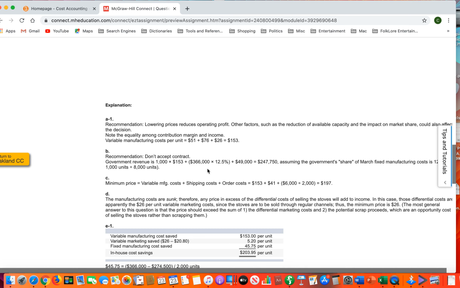So now, I would not do this to you. This is an interesting problem. I don't like the fact that you have to assume and interpret what the government share is. It should have been more explicit as far as I'm concerned.